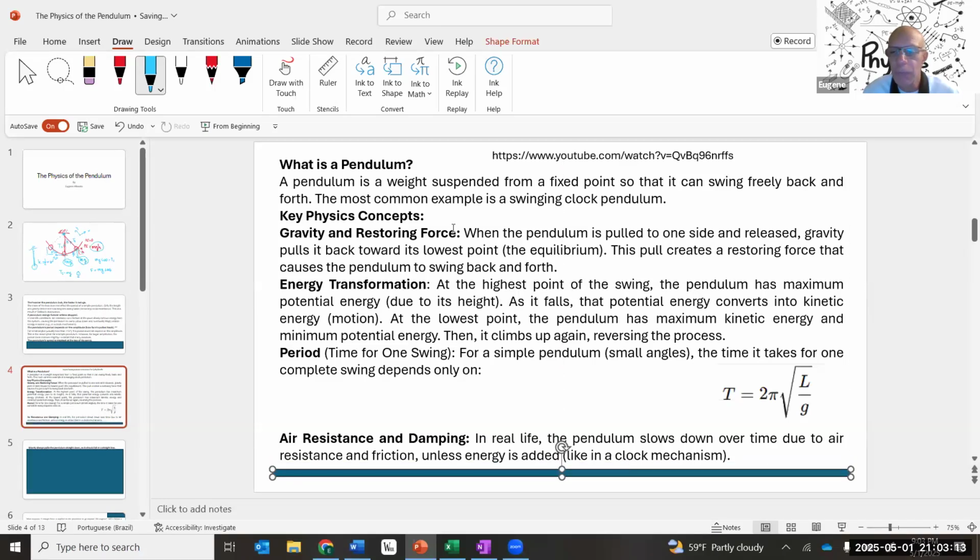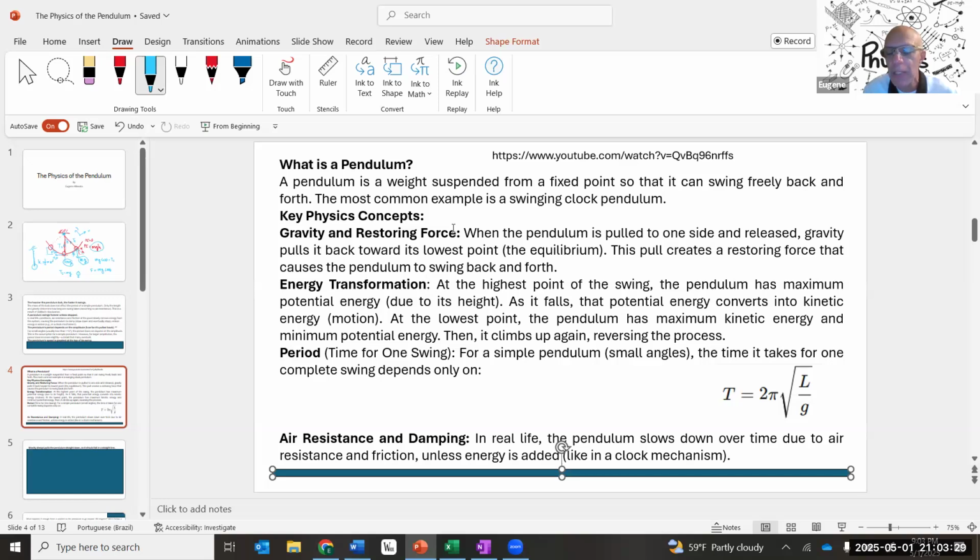You have the restoring force, the force that is unbalanced. If I leave the pendulum standing there on the equilibrium position, it's not going to move.